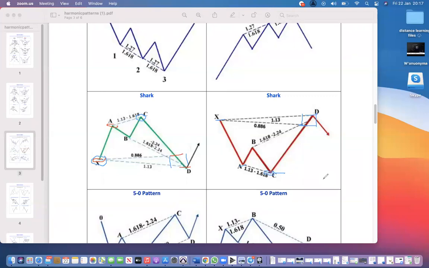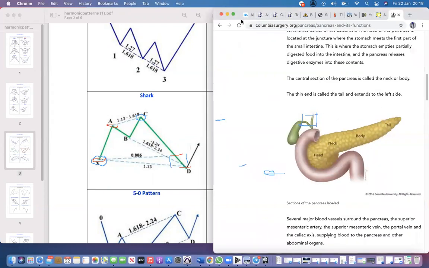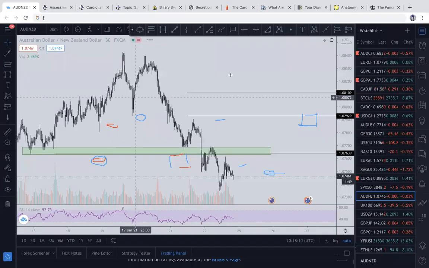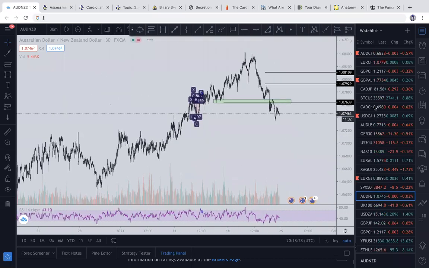On that note, I'm going to go on the chart now and try and see if we can find some shark patterns which we can practice today. So I want everybody to pay attention, I think I have one on the Euro card.